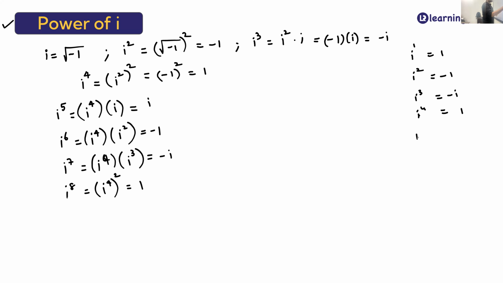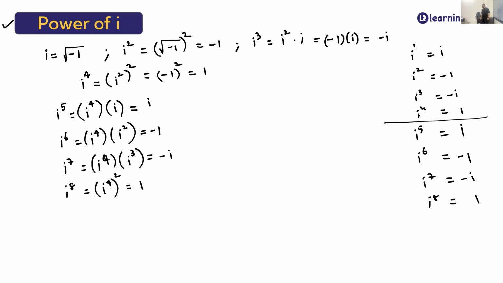So what is happening here? I power 5 is I, and here also I power 1 is I. And I power 6 is going to be -1. I power 7 is minus I. I power 8 is 1. So if you break this and see, the first 4, is it not getting repeated?